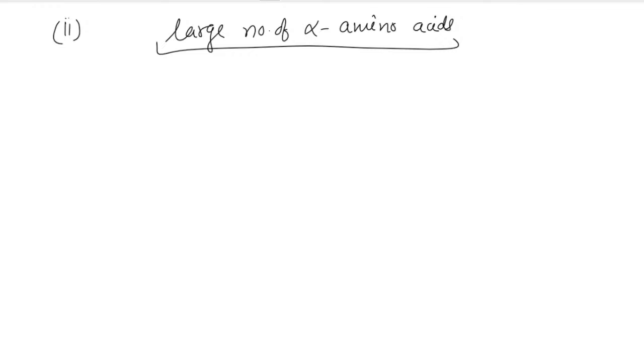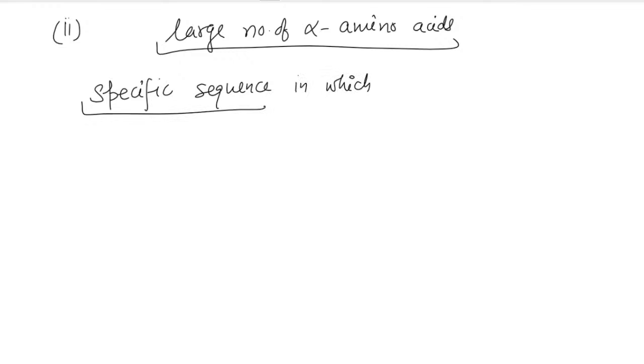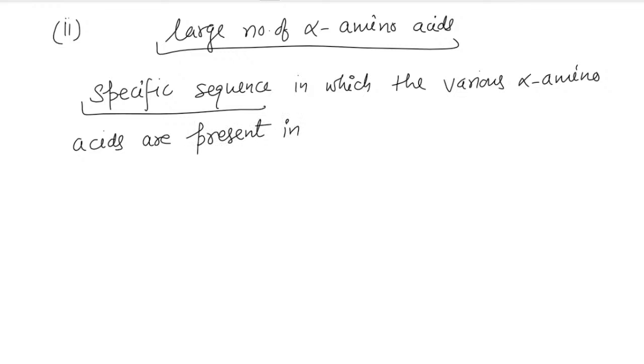So primary structure represents the specific sequence in which the various alpha amino acids are present in a protein, and they are linked to one another by peptide linkage.